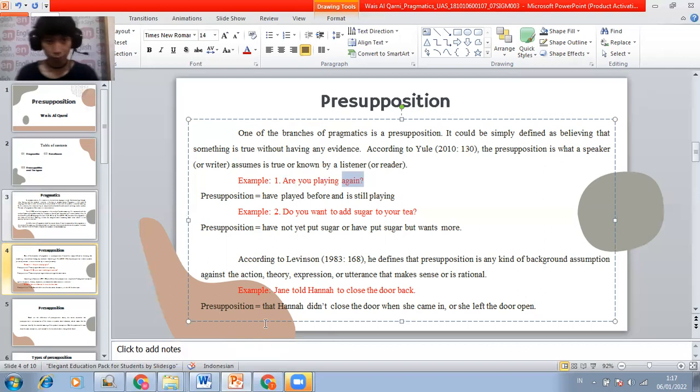Example: Jane told Hannah to close the door back. The presupposition we have is that Hannah didn't close the door when she came in, or she left the door open, because Jane told Hannah to close the door back.